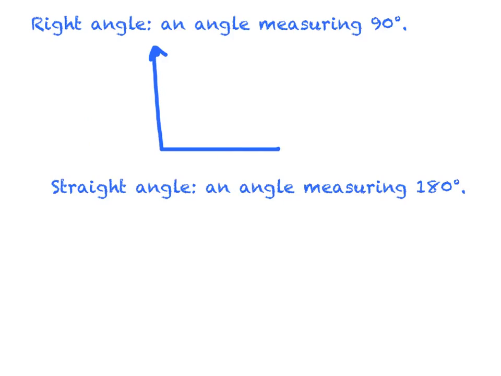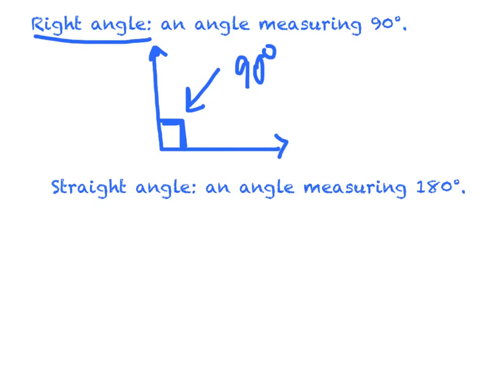So that's when you can think about like the corner of a piece of paper, the corner of a ceiling tile, any of those are exactly 90 degrees. A lot of times when you see a right angle drawn, you're going to see this little square in the corner that signifies that it's exactly 90 degrees.